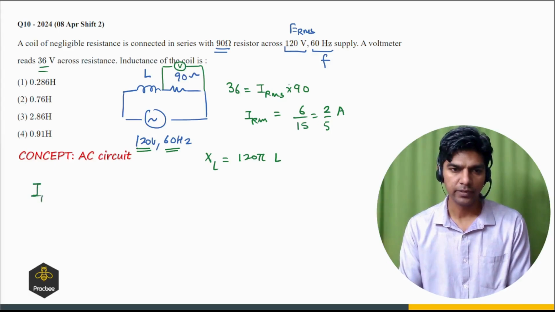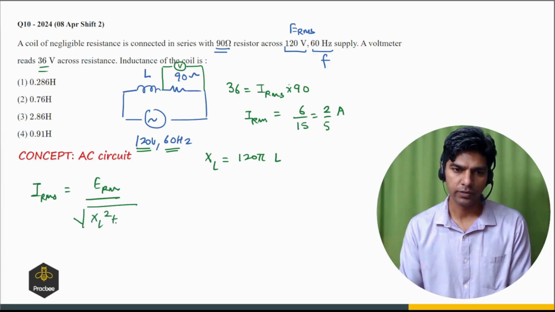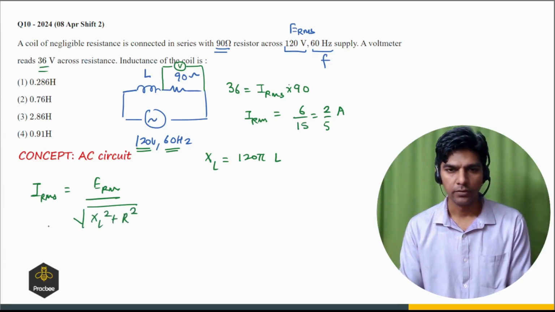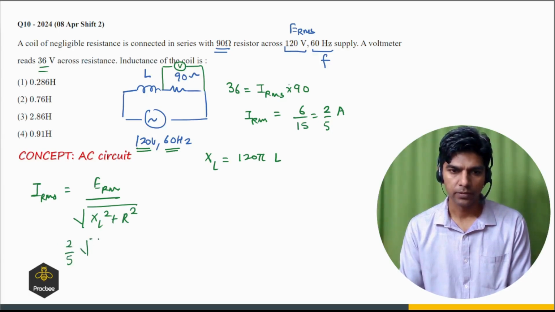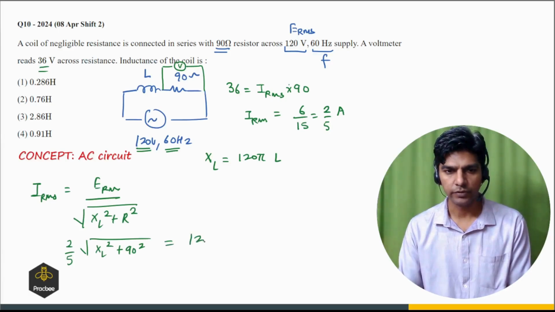So we can say IRMS can also be written as ERMS divided by impedance, and the impedance will be root of XL square plus R square. Now let us substitute the value in this. So we have 2 by 5 times root of XL square plus 90 square, equals to ERMS, which is 120.